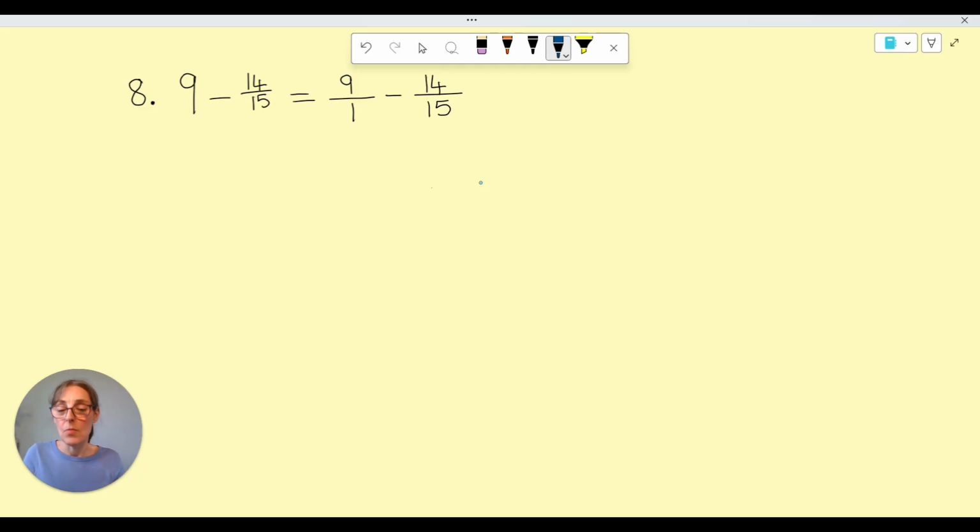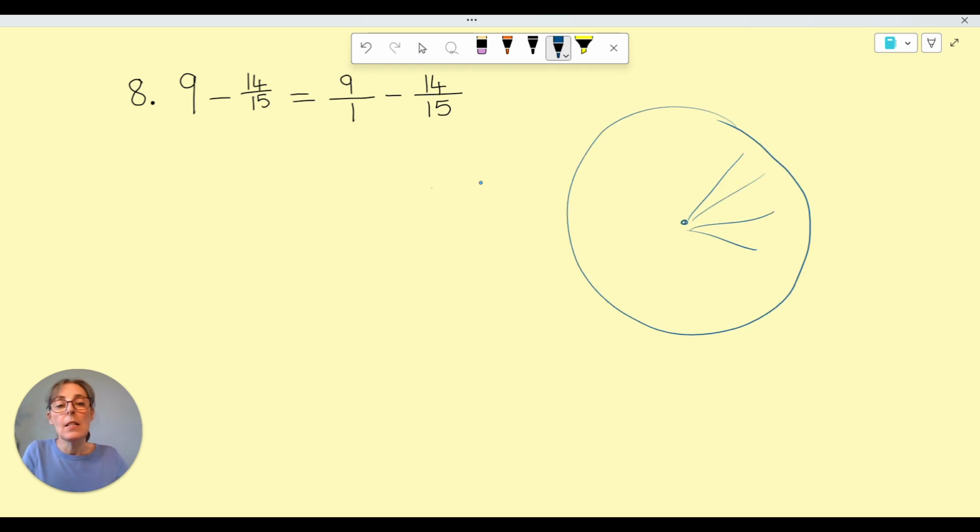How many slices have you got left? 1. So it's nearly a whole, but it's not quite.